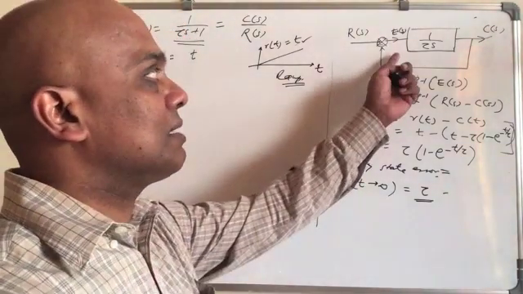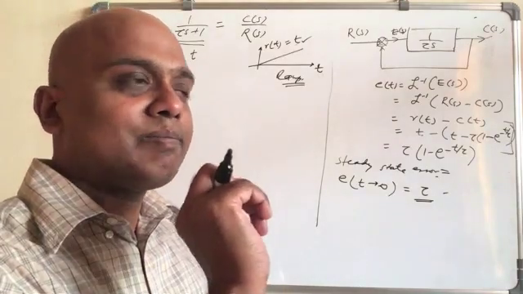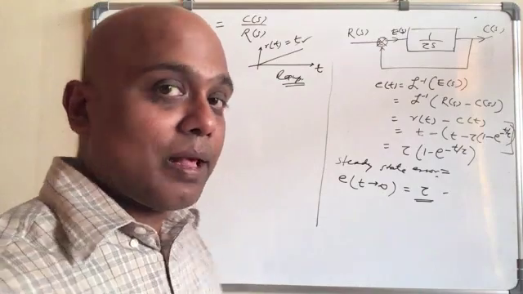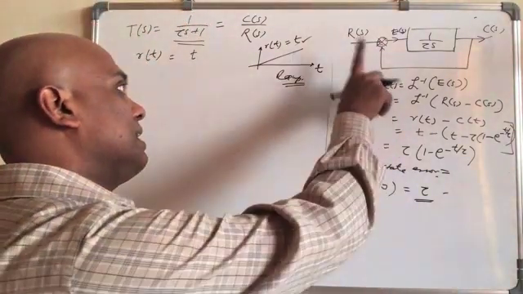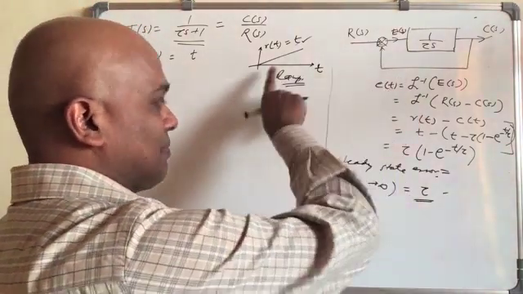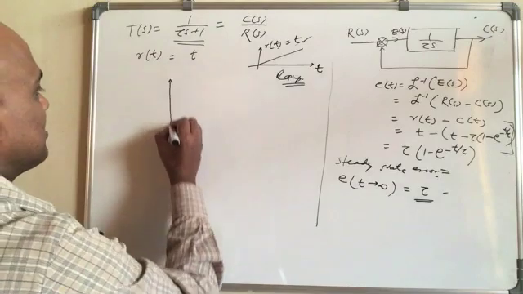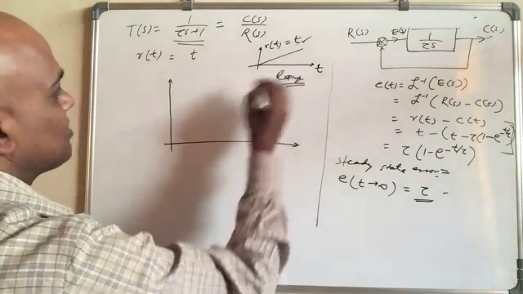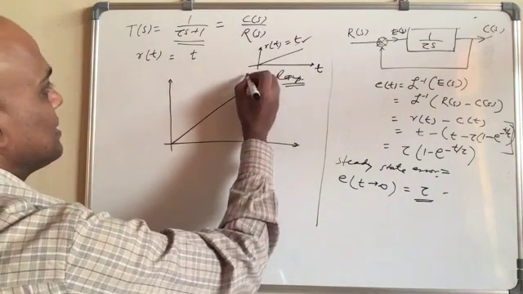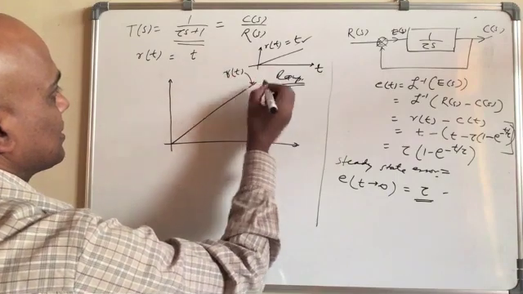Earlier we found that for this system, when the input is a unit step function, the steady state error is 0. But if your input is a ramp, then there is a steady state error. If you plot this, this is the input, what you want, this is t, and it goes like this.